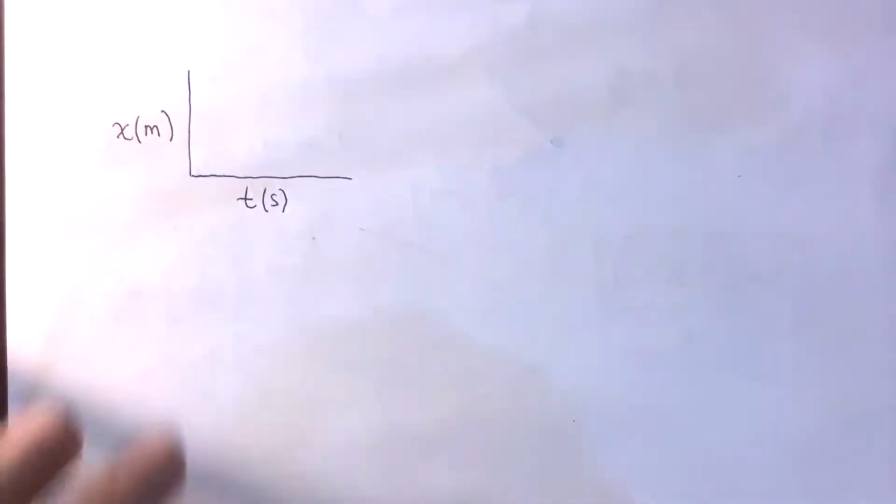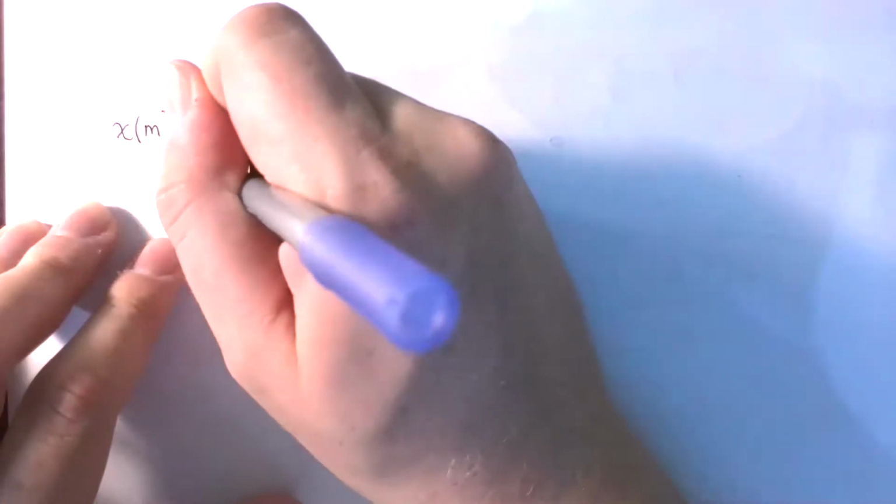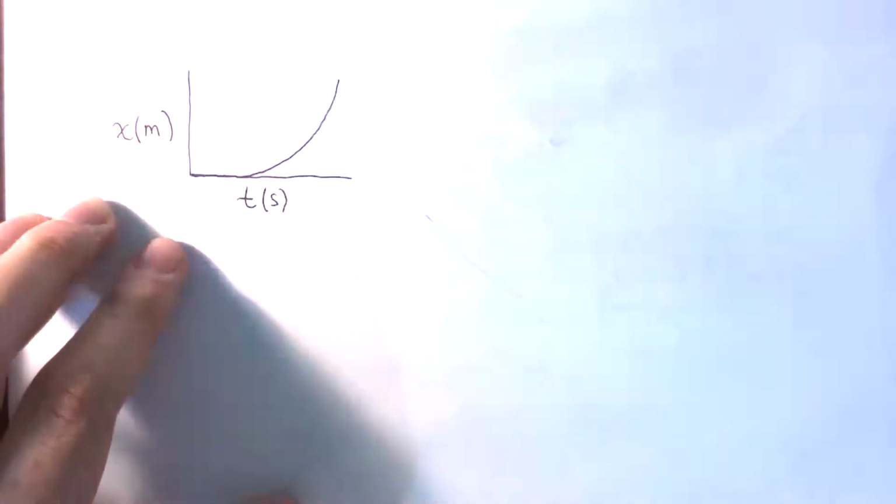So on our graph, we're plotting t on the horizontal in seconds, and we're plotting x on the vertical in meters. And by sketching out the points, I can imagine connecting the dots, you get sort of a graph like that.